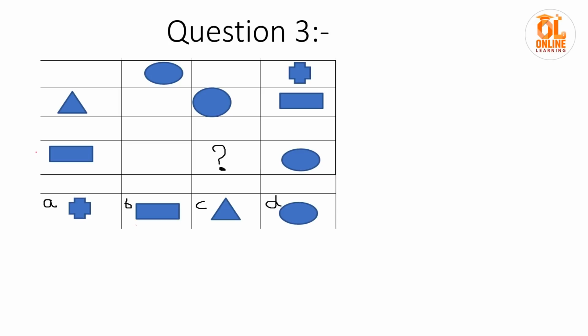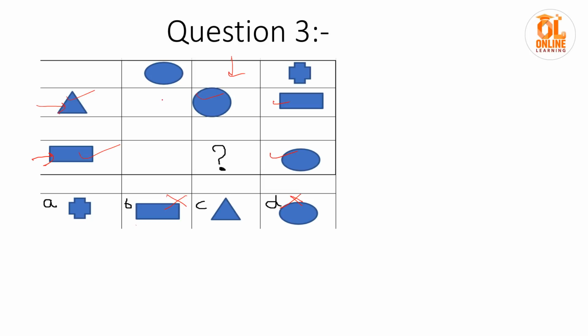Now in the question mark row, you can see rectangle is present and ellipse or circle is present, so eliminate them. And in the same column, ellipse or circle is present, so that is already eliminated. Now if you carefully observe, in this row, triangle is present, ellipse is present and rectangle is present.